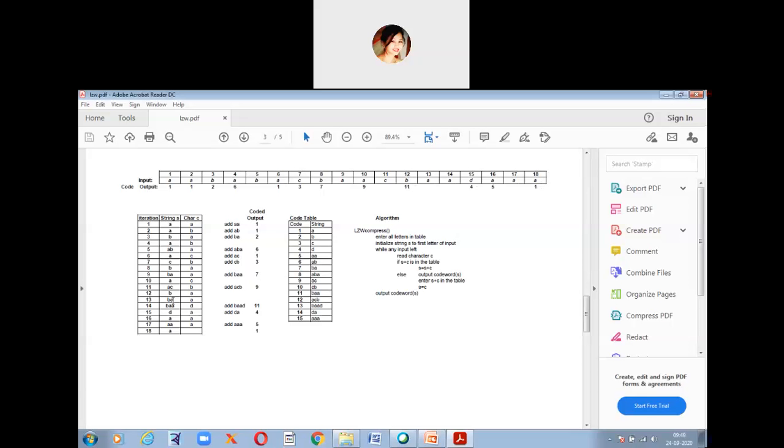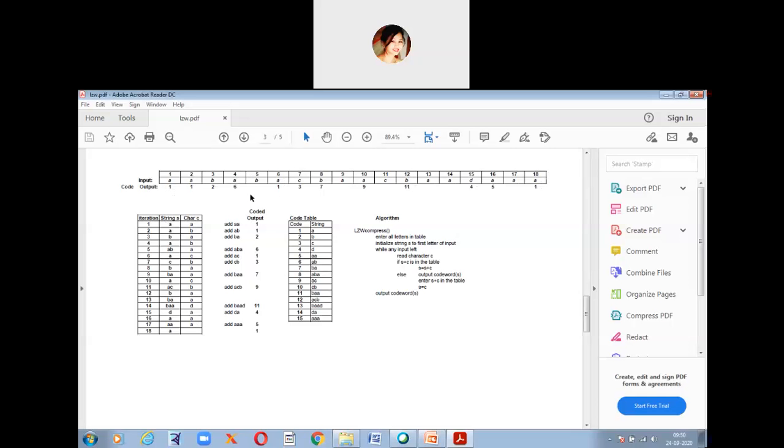Then again A, then C, then BA, then A, then AC, then B, then BAA, then D, then A, then again AA, and finally A. So you have to insert the string wherever its output code is given. Did you understand?